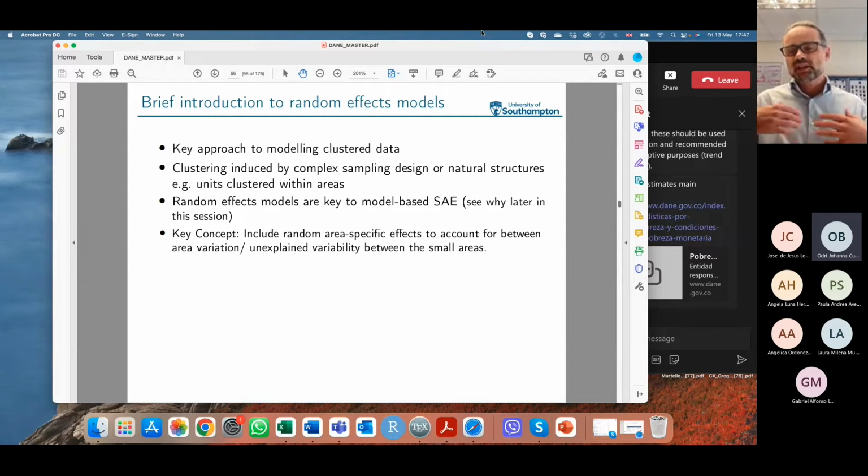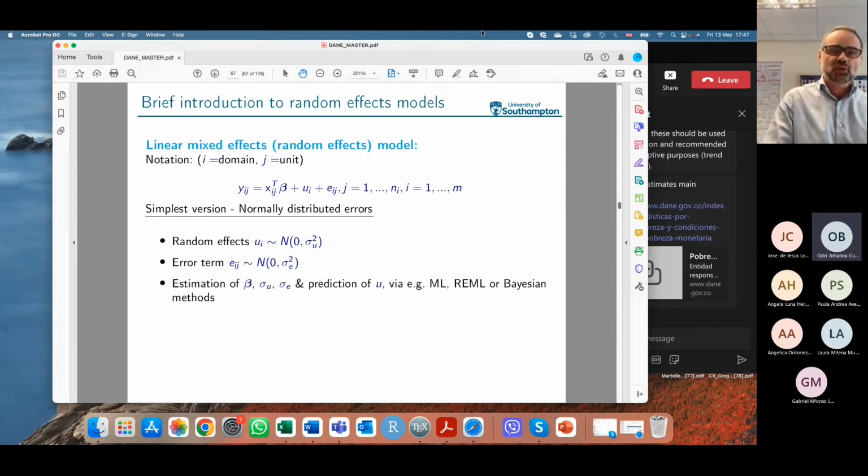So you will see that the random effects model is just a regression model that conditions on certain explanatory variables that hopefully are predictive of your outcome. And then you have an area effect to try and capture what remains unexplained after conditioning on the X's, after conditioning on your explanatory variables.